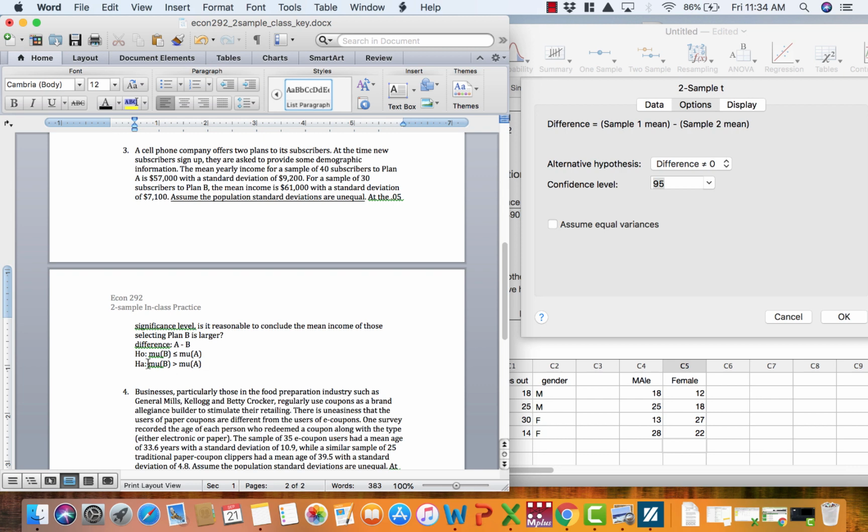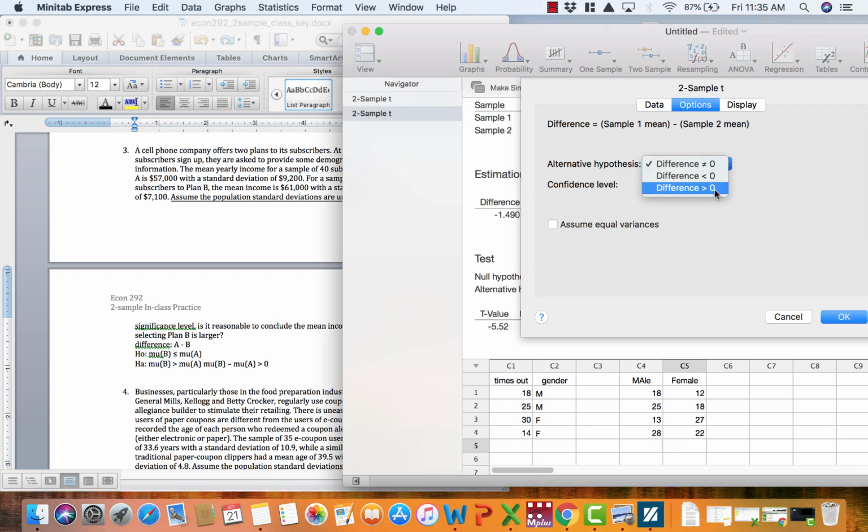We could go ahead and do that. If I move mu A over, I have mu B minus mu A is greater than 0. Notice this difference is opposite to what Minitab has defined the difference, so I cannot choose greater than 0 here.